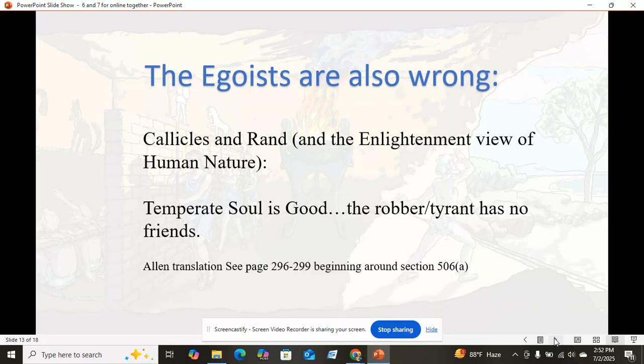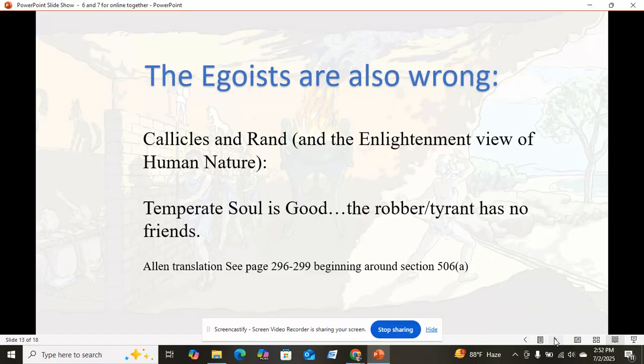So this also means that if Socrates and the religious traditions that agree on this are right, then the egoists are completely wrong as well, right? Because Callicles sounds like Rand at some points, with the higher ambitions. Don't be held back by the shame and weakness and timidity of the masses. You should excel.